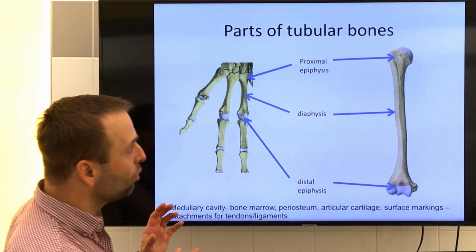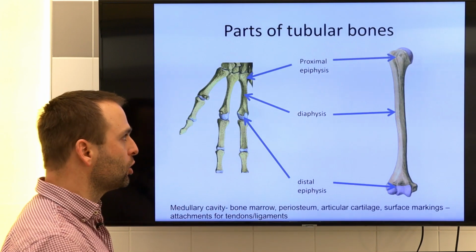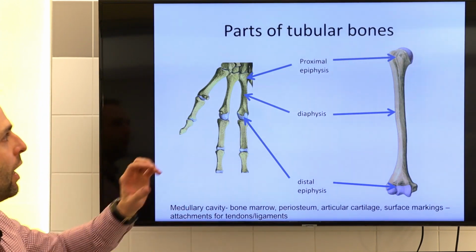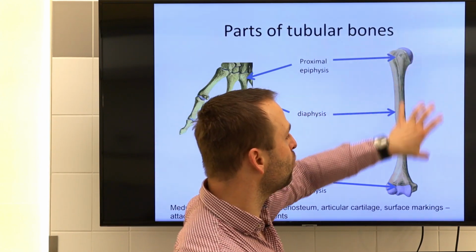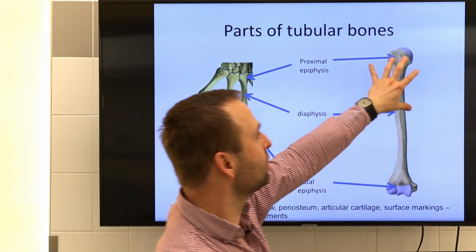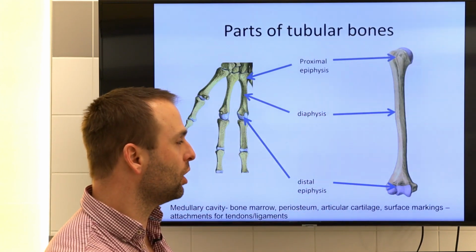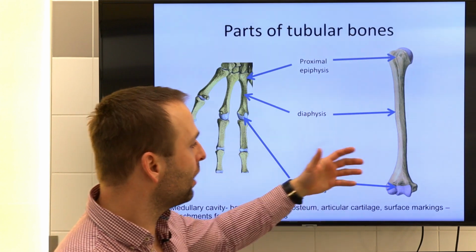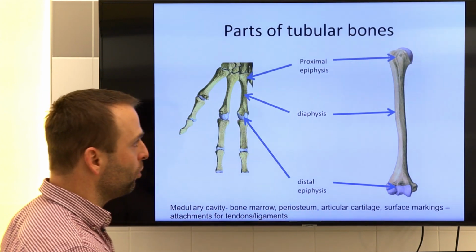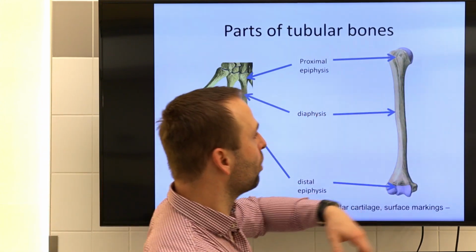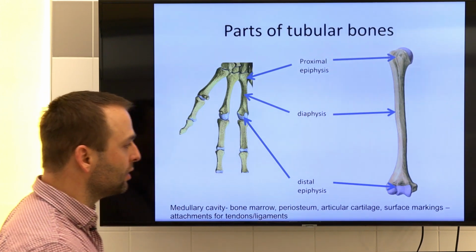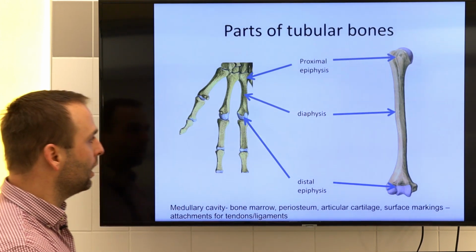If you are talking about tubular bones, long and short, basically you have three main parts which can be found there. So first of all, you have two end pieces, a proximal end piece and a distal end piece. So the proximal one is closer to the origin of the limb, like shoulder or hip, and the distal one is closer to the end, so the hand or the foot. And then you have a mid piece or shaft, which is called diaphysis in Latin, whereas the end pieces are called epiphyses in Latin.